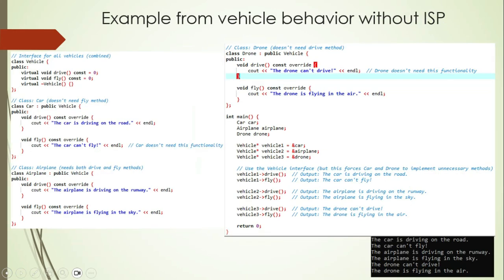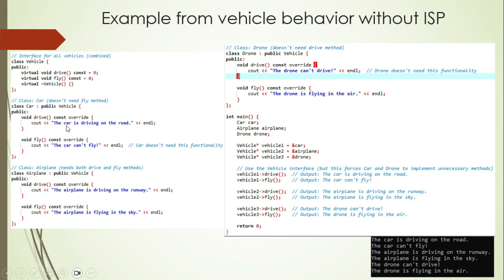If we see this code, the result of both codes is the same, but this is without ISP. Why? Here you can see when we have abstract class vehicle, we have defined 2 functions, drive and fly. The car class is derived from vehicle, and we have these 2 methods here.